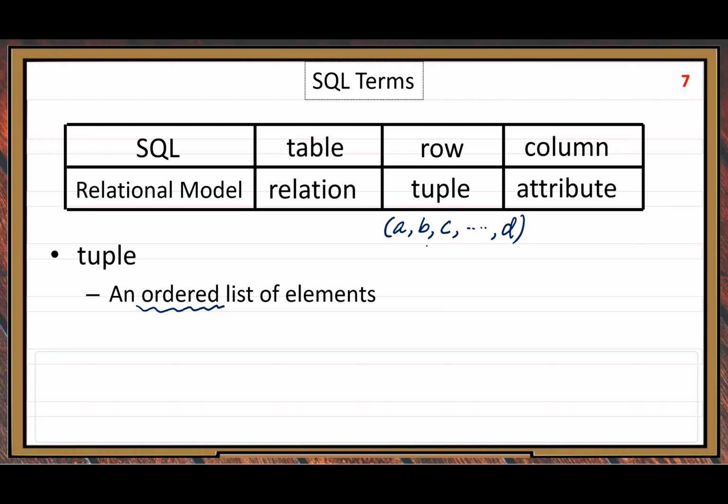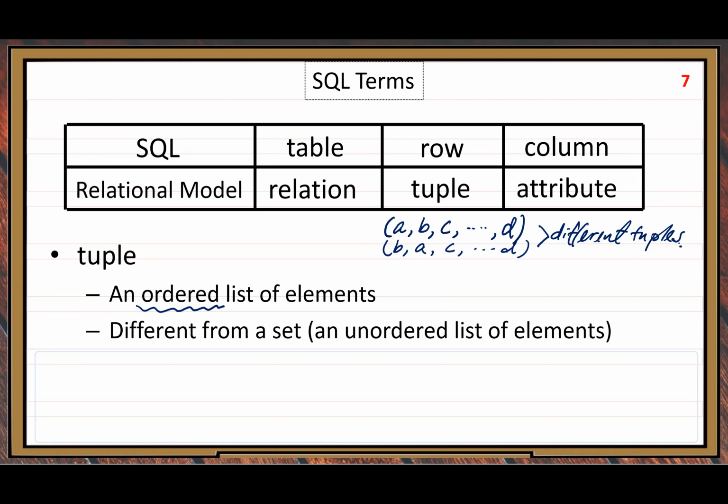You cannot switch. If you list B, A, C, D, then we treat it as a different tuple. These are two different tuples.